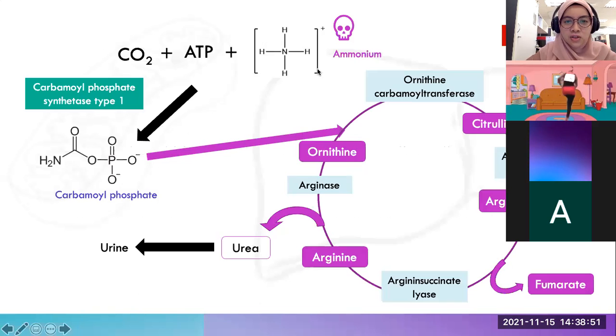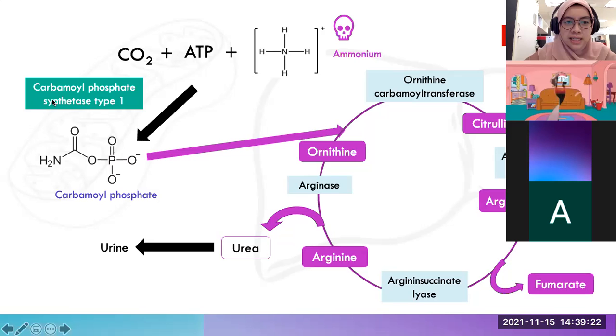I've zoomed in. This is the liver. The urea cycle takes place in the mitochondria of the hepatocytes of the liver cells. The ammonium ion will react with carbon dioxide from the mitochondria, and with the aid of ATP, the ammonium will be converted into carbamyl phosphate.